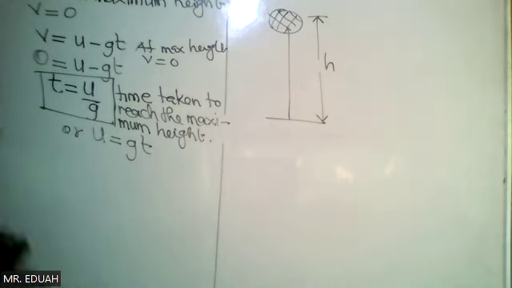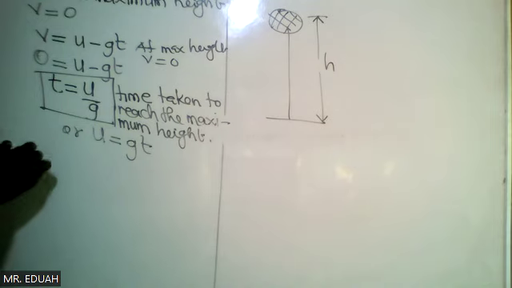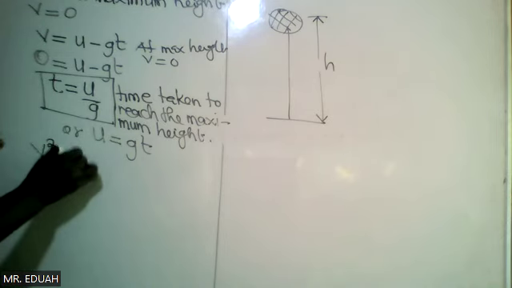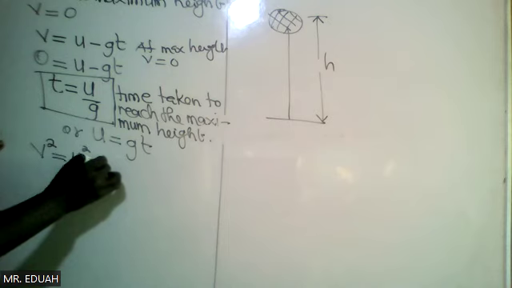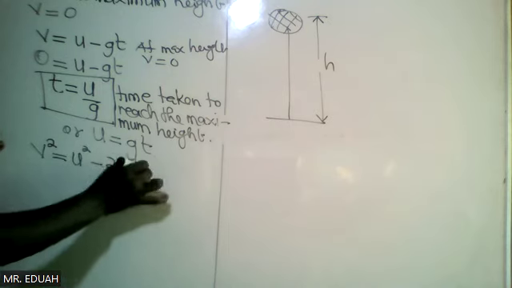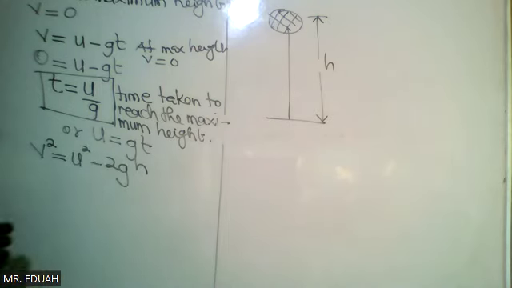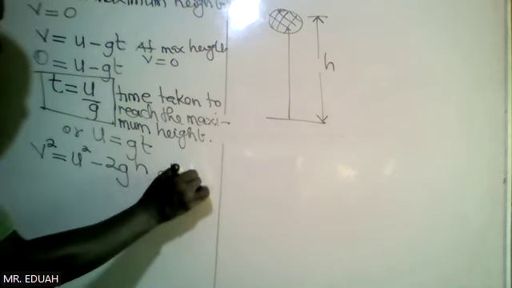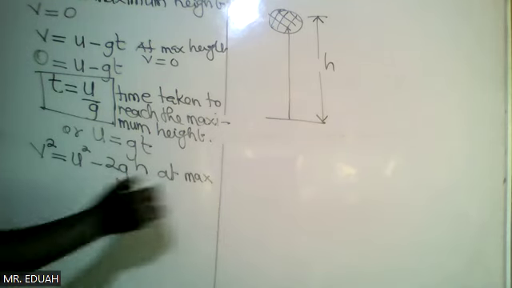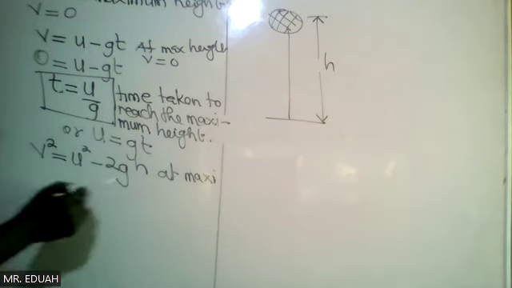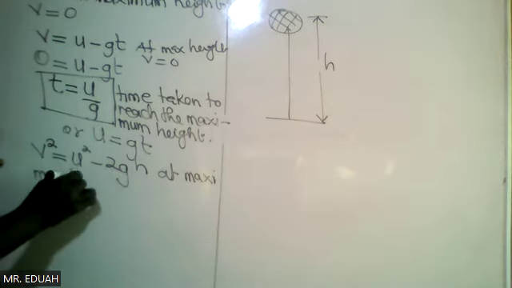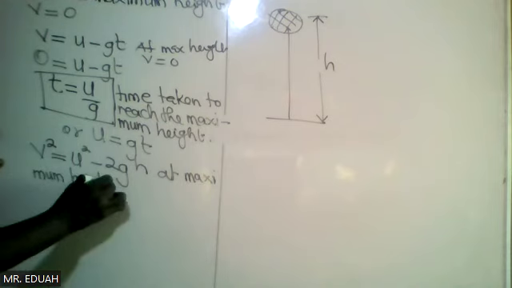Okay, so when I consider the equation v squared is equal to u squared minus 2gh, we are saying that at the maximum height, there's a particular condition. What is the condition at the maximum height?